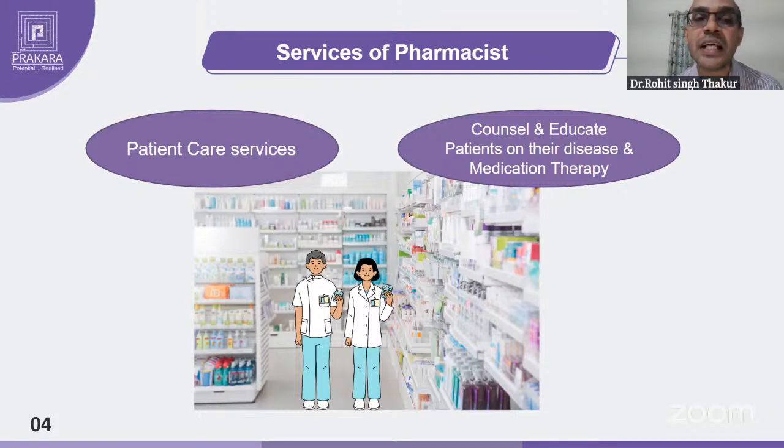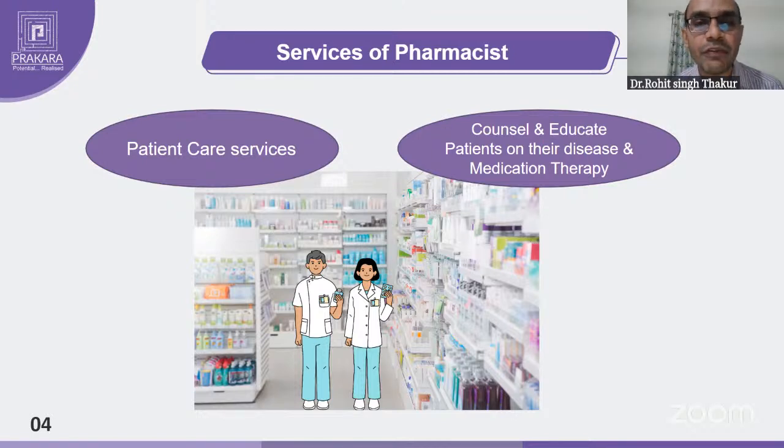Beyond that, you as a pharmacist at community level are involved in patient care services. Apart from dispensing the right drug with the right dose to the patient, you are also involved in counseling the patient who comes with a prescription.